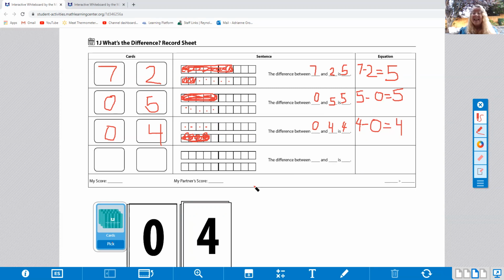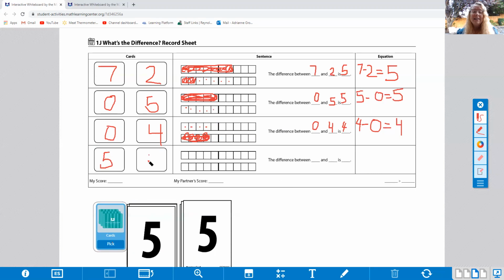There we go. And here's the last round. Okay, let's see what I get. 5 and 5. Ooh, that's a good one. Okay, so I get to color in 5 here and 5 here.